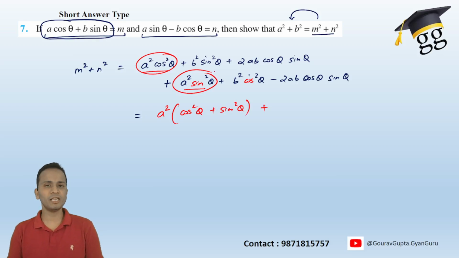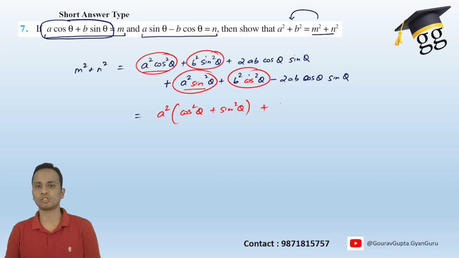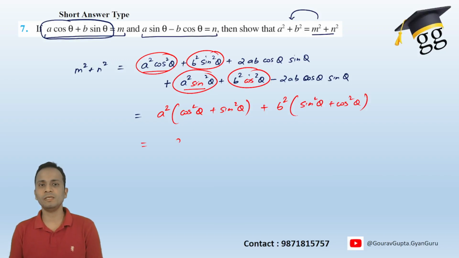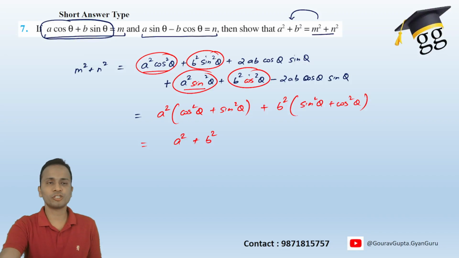Similarly do it with the remaining terms b square sin square theta and b square cos square theta. So b square taking common, sin square theta plus cos square theta. The remaining part will get cancelled, 2ab cos theta sin theta. So the final answer will be a square plus b square, as cos square theta plus sin square theta is equal to 1. Okay, so that was question number 7.